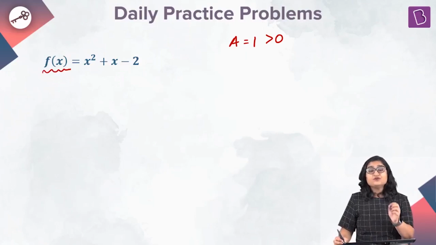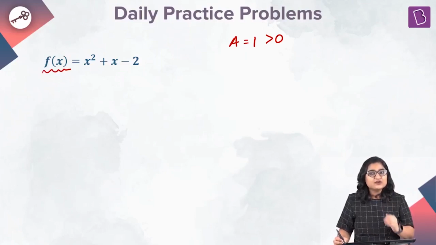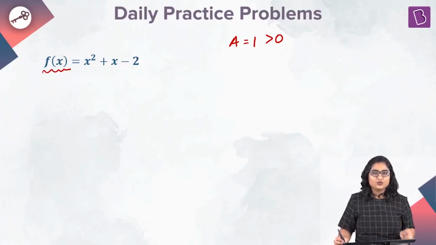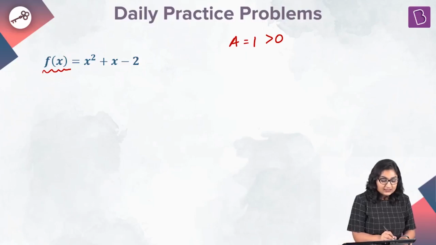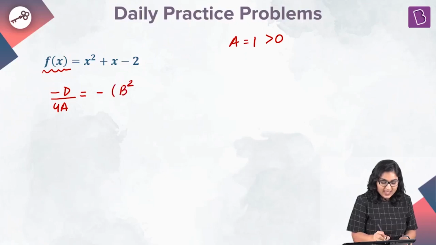All right. So what we have to do next is calculate the y-coordinate of the vertex. So we know that the y-coordinate of the vertex is given by negative D divided by 4 times a. Now this is equal to negative of b square minus 4ac whole divided by 4 times a.